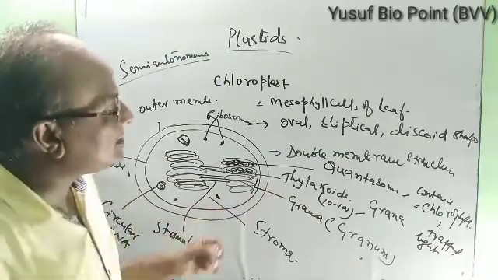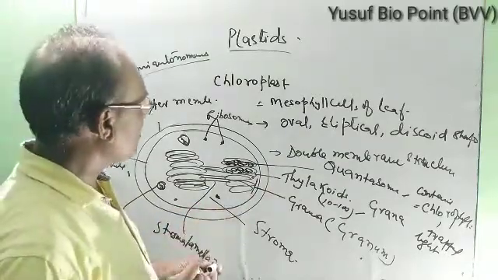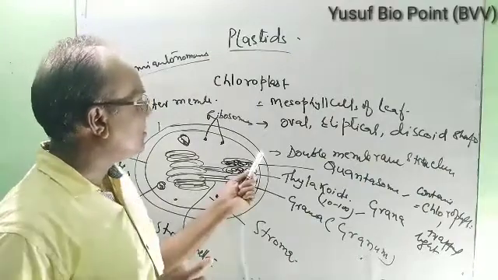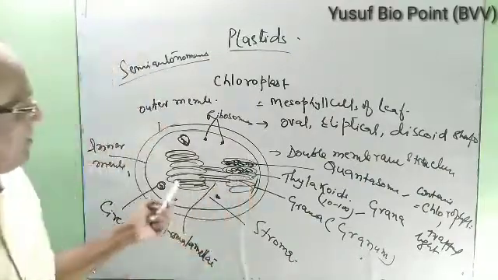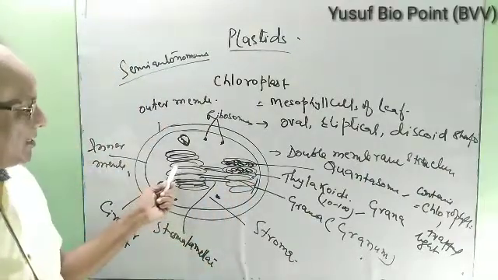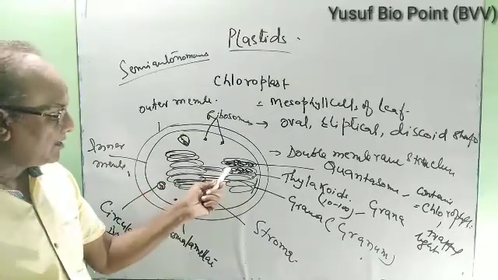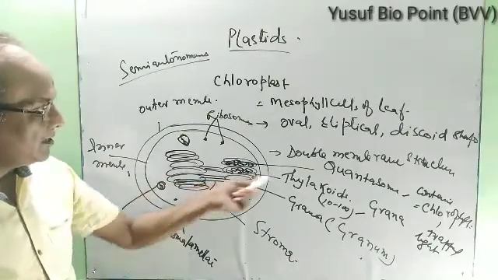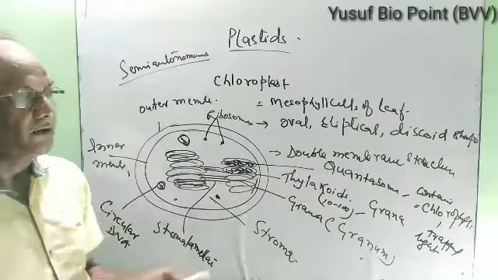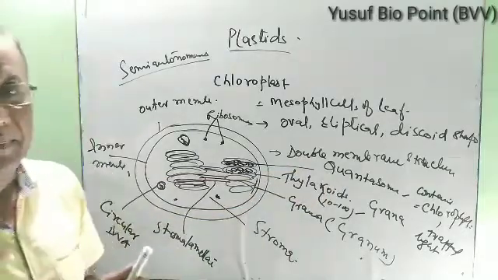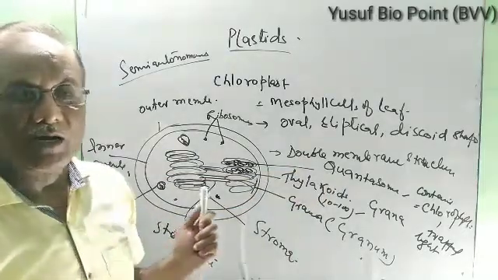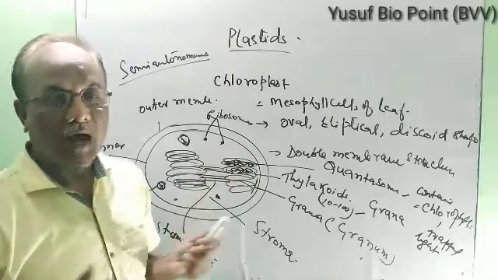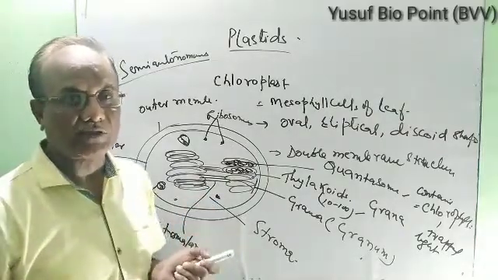So this is about the chloroplast: it has a double membrane structure and contains thylakoids, the disc-like structures, and these thylakoids contain quantasomes in which chlorophylls are present, and the chlorophylls absorb light, which is helpful in photosynthesis.